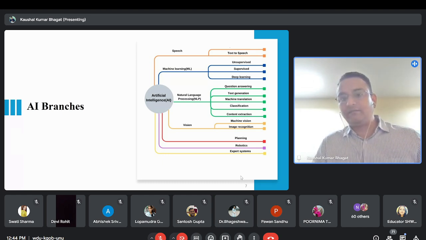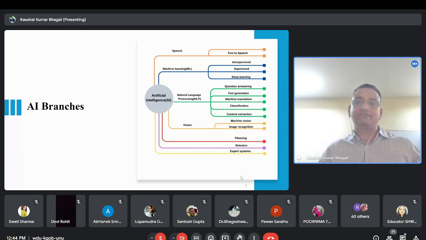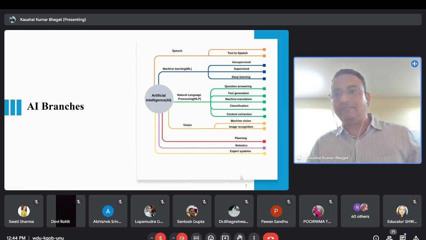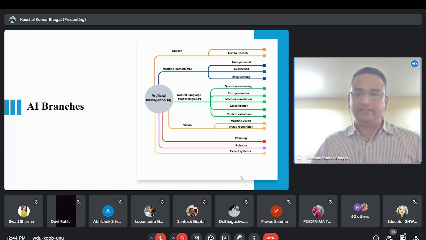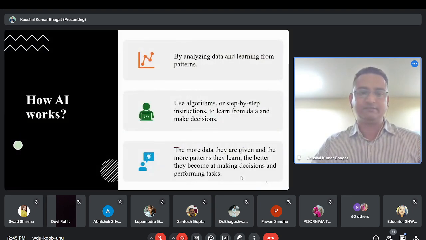Because of good AI, even from an X-ray, the doctor can easily identify whether you have some kind of cancer symptoms or some other type of disease symptoms. That is based on image recognition, because thousands of lakhs of X-ray data have been used to train the system to analyze, find out, and conclude for a specific problem that is being identified. And then we have different types of robotic systems, expert systems, and planning systems included in the AI branches.